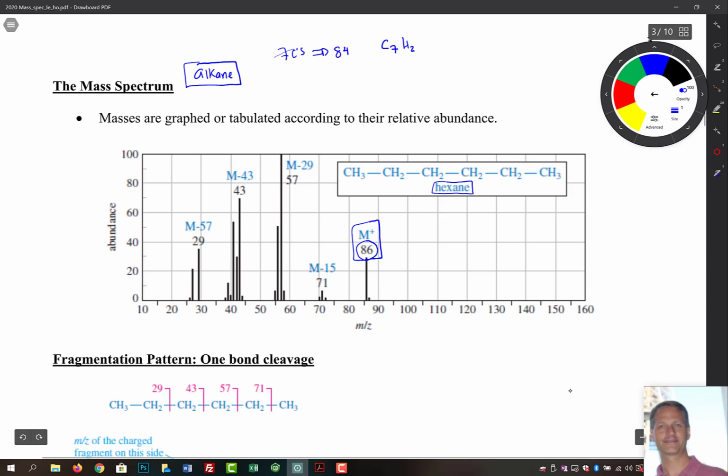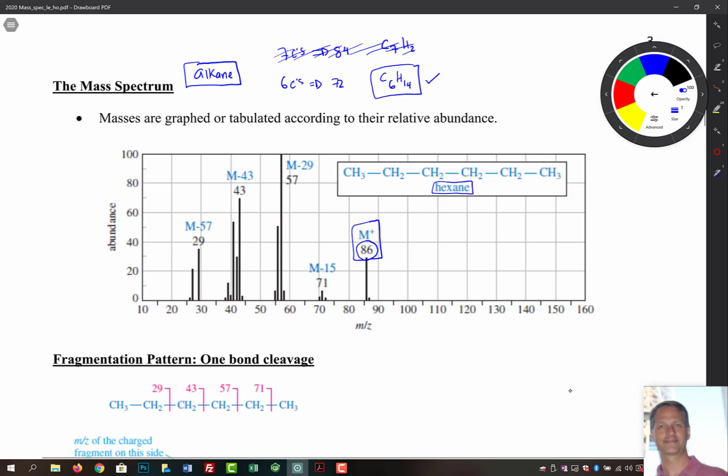That's not a very reasonable molecular formula here. So we might guess 6 carbons. So 6 carbons gives us 72. 86 minus 72 is 14, so C6H14. And it turns out that that is the number of carbons and hydrogens for hexane.